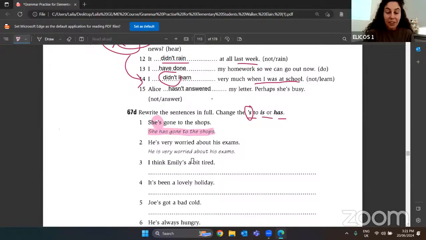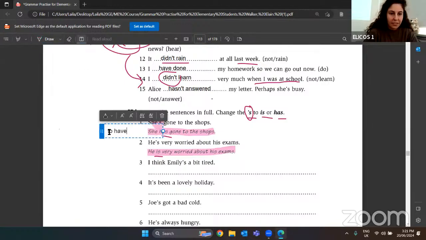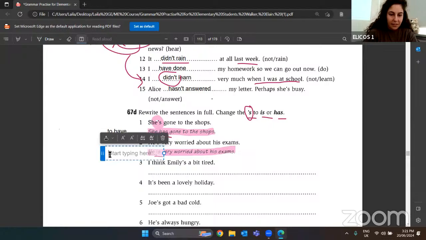Number 2, he's very worried about his exams. He is very worried about his exams. So this one is the verb to be. This is the verb to have. So that's the difference between the two.